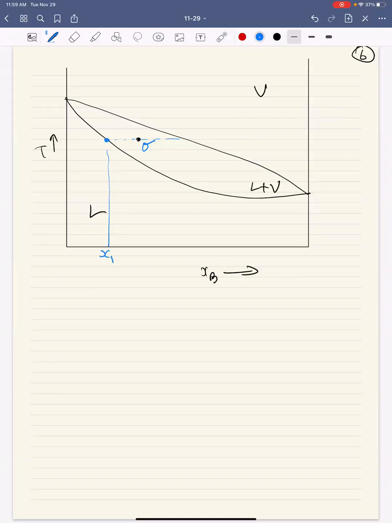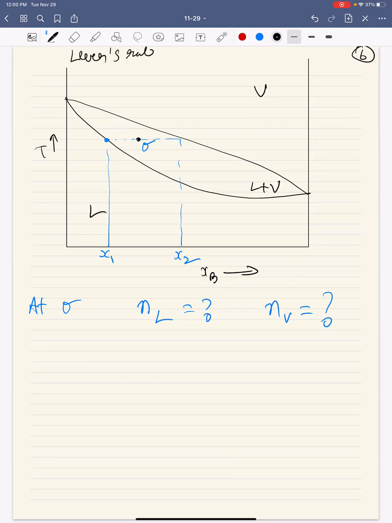That will be X1. And we can read out the composition of the vapor that will form. That will be X2. But the question is, at O, what will be the number of moles of liquid and what will be the number of moles of vapor? So the lever rule answers this question.